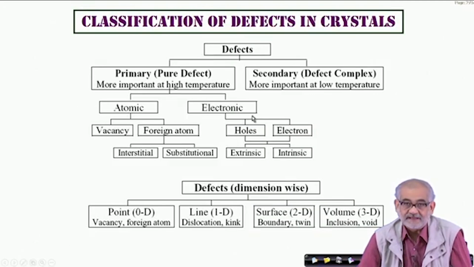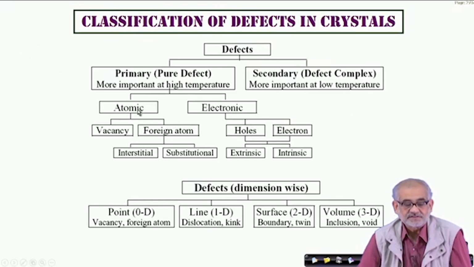Now, the overall landscape of the possible defects allows you to classify them into so-called primary and secondary kinds of defects, where primary essentially means pure defects, which are usually present only at a high temperature. You can have defects with regard to the atoms or defects related to the electrons, so you call them atomic disorder or electronic disorder.